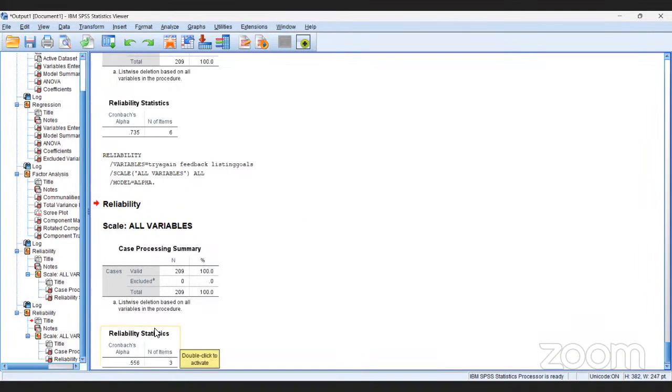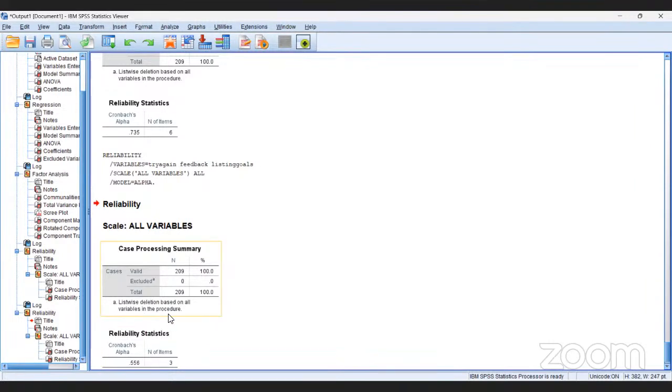Now, the second factor is not very strong. It is 0.56. But the first factor is very strong because it is 0.73.